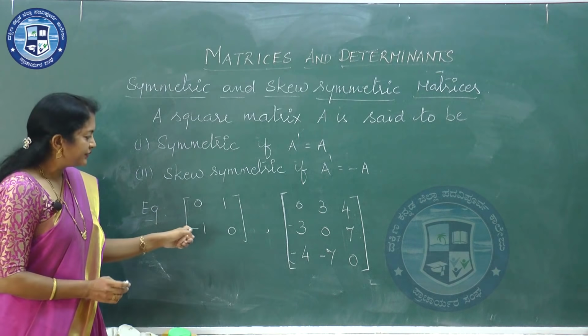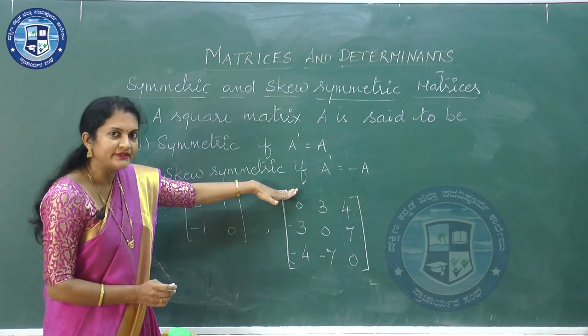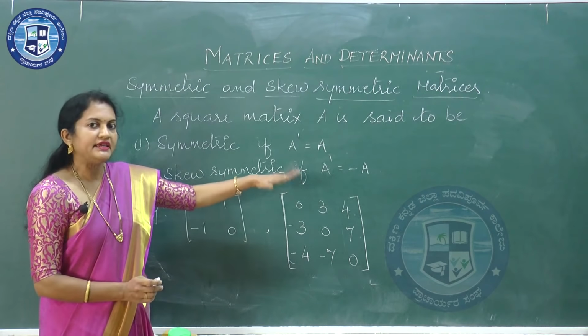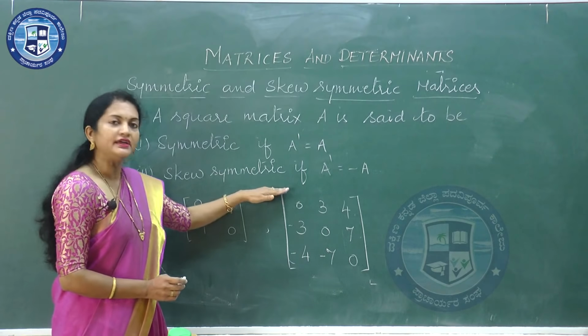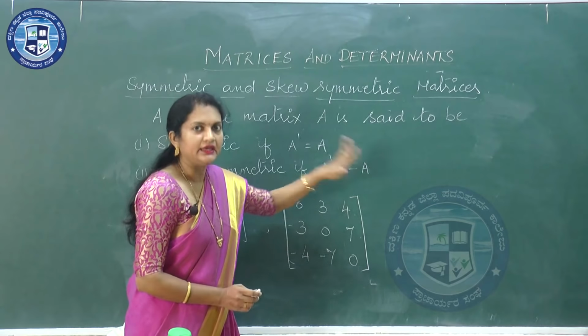Now, what is the definition of skew symmetric matrix? A square matrix A is said to be skew symmetric if A transpose is equal to -A.